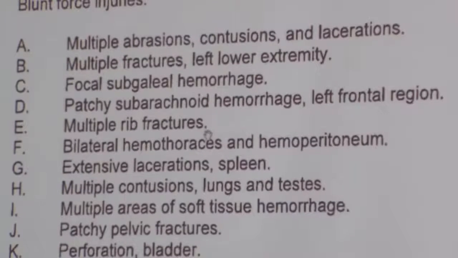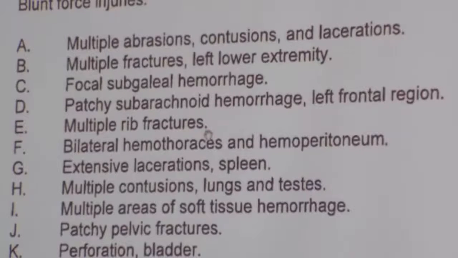Multiple areas of soft tissue hemorrhage. Basically, the blunt force caused these areas of soft tissue hemorrhage. Pelvic fractures. The pelvis is comprised of bones, and the blunt force injuries caused pelvic fractures.